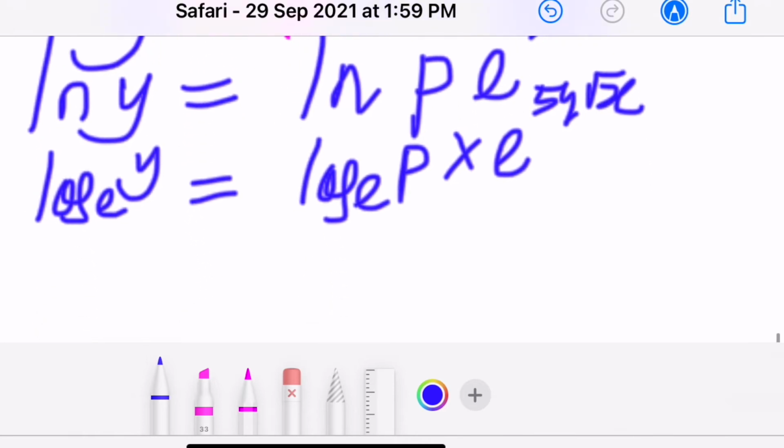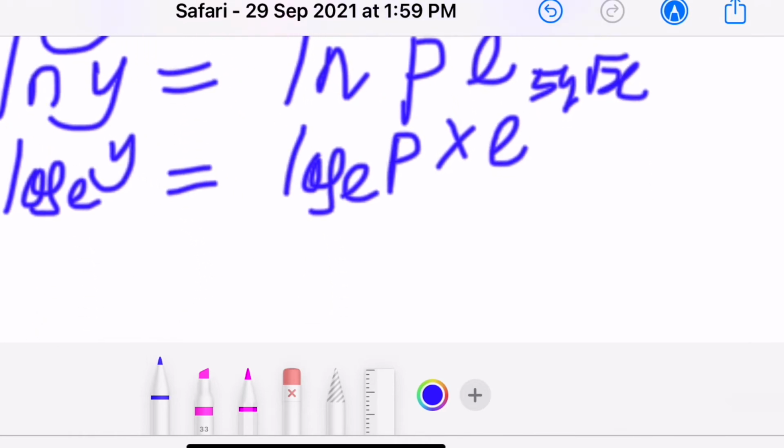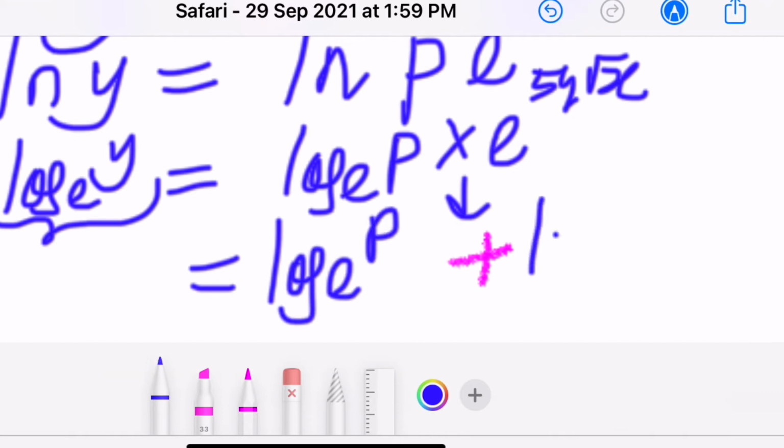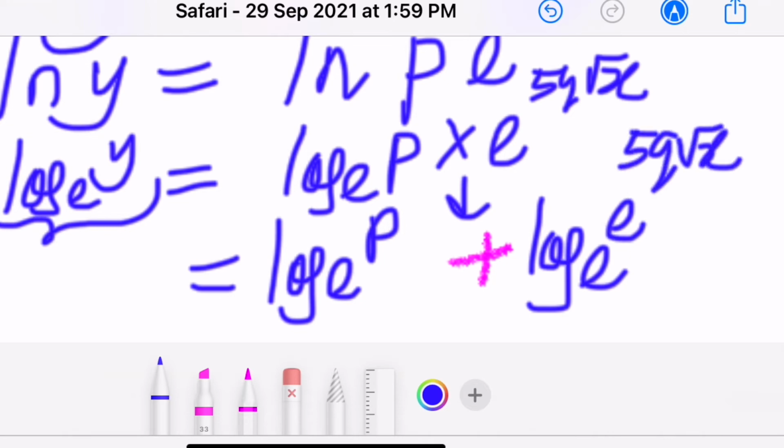Good. You can see the base there is log base e. Log base e y is ln y. So now we have a multiplication here, so what we need to do is add. But when we add, we must make sure we have ln with the same base. Here is e to the power 5q square root x, right?